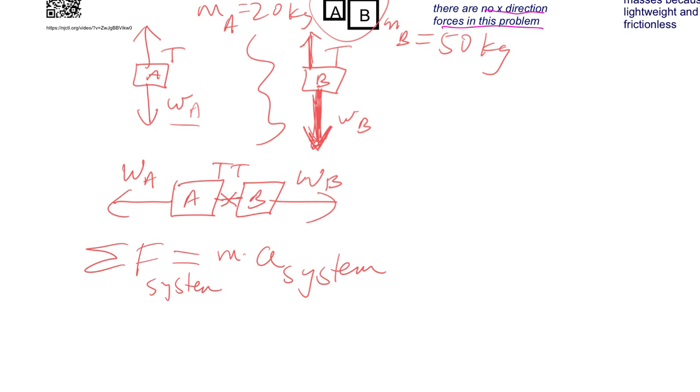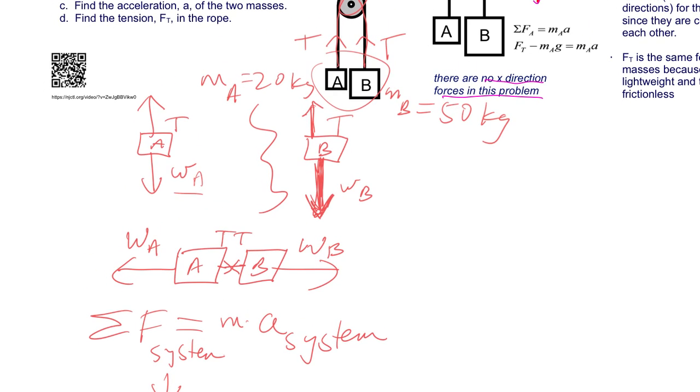Okay, so net force would be the bigger force minus the smaller force. The bigger force is WB. I can find that right now. This is mg, 50 times 10 is 500. And the smaller force is mA times g, which would be 20 times 10, which is 200 newtons.